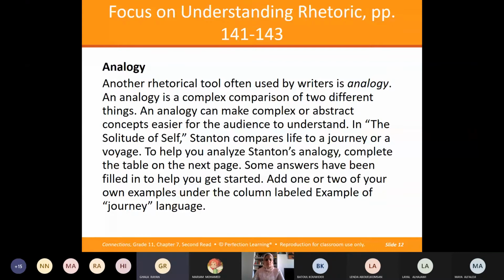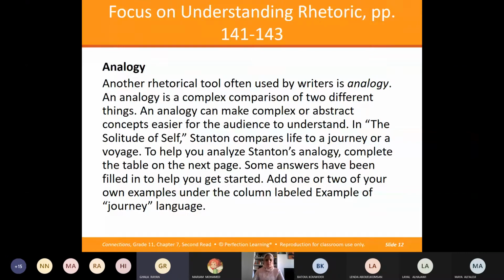Analogy, another rhetorical tool often used by writers, is analogy. An analogy is a comparison of two different things. An analogy can make complex or abstract concepts easier for the audience to understand.